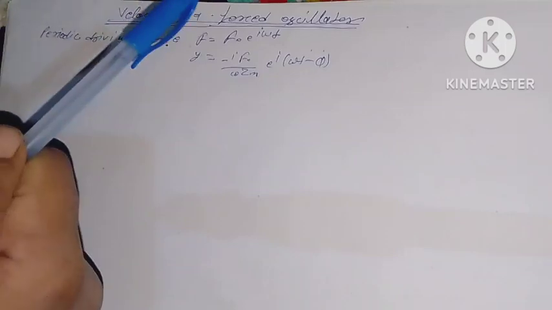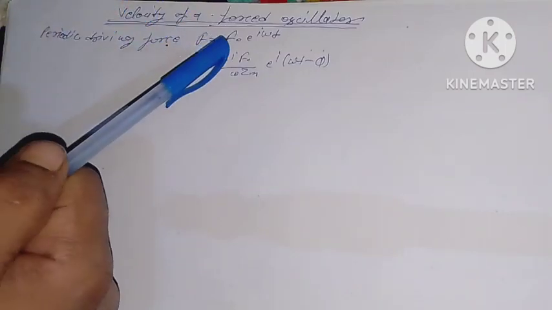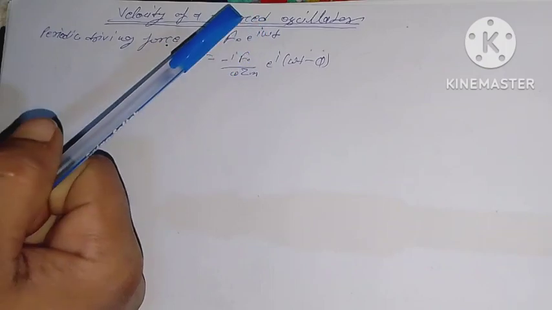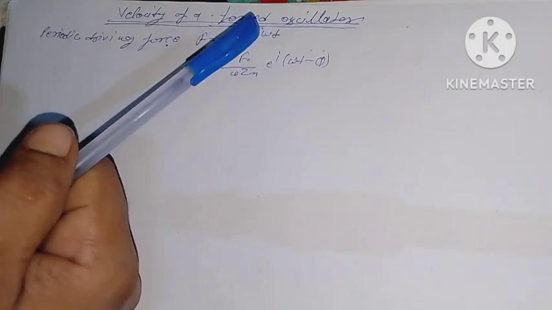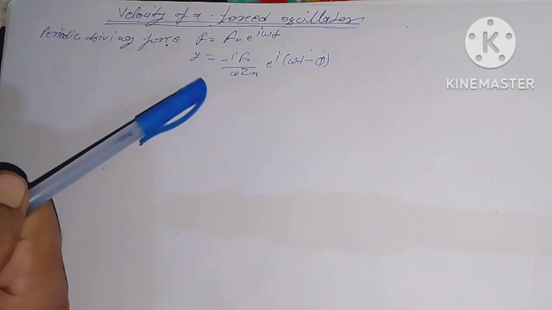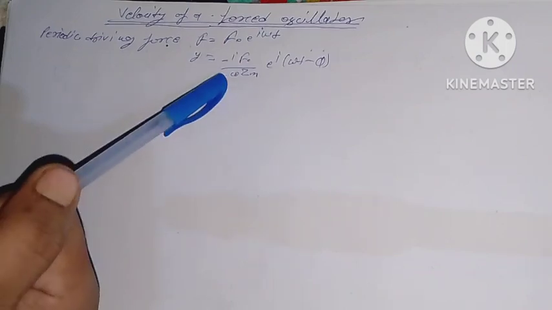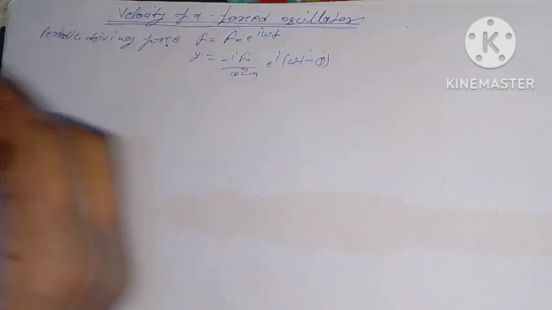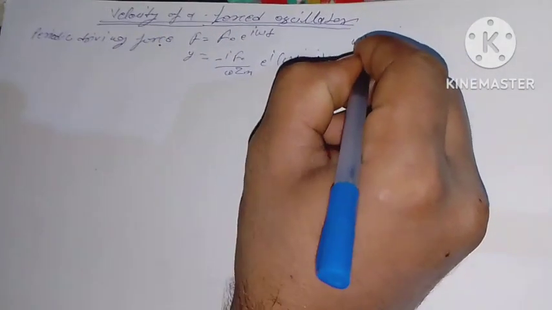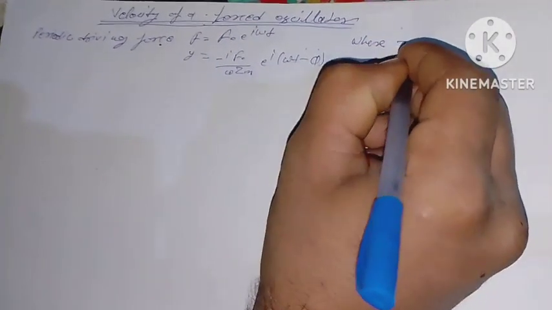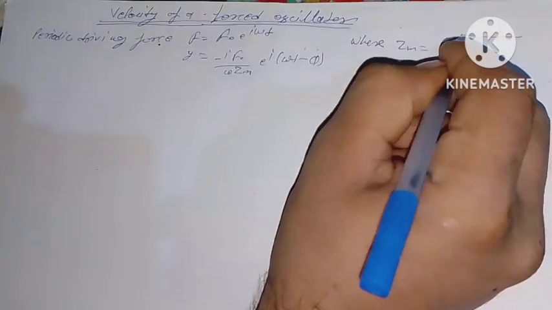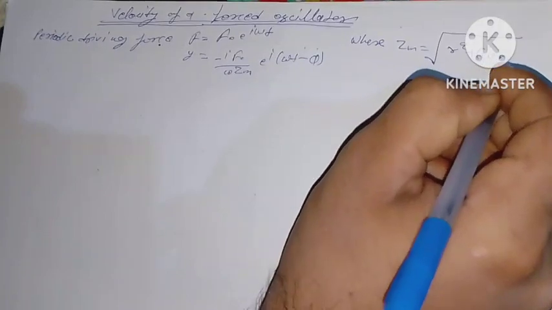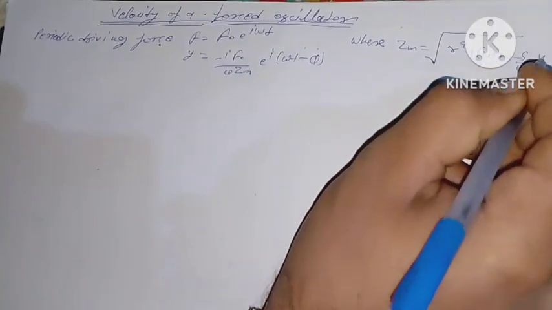When a periodic driving force F equal to F naught e to the power i omega t is applied to a damped oscillator and steady state is reached, the displacement is given by y equal to minus i F naught upon omega Zm e to the power i omega t minus phi, where Zm equal to under root of r square plus omega m minus s by omega whole square.